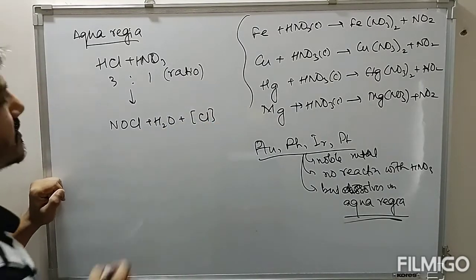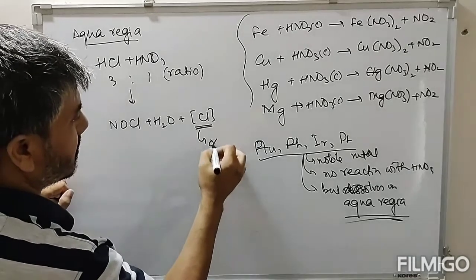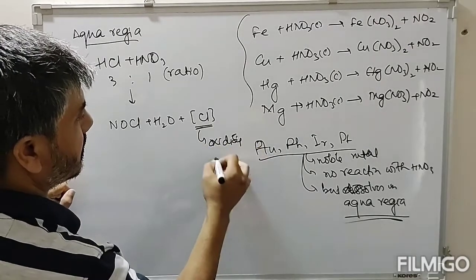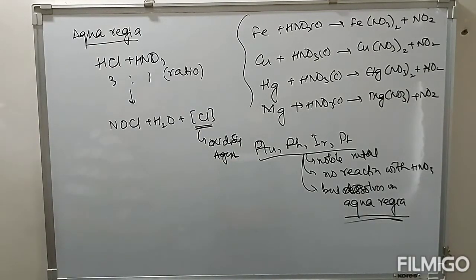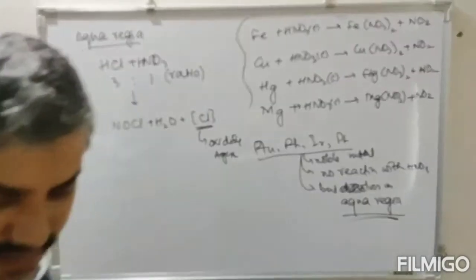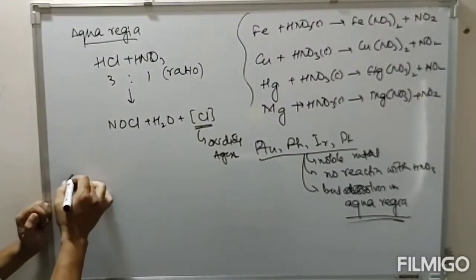This active chlorine is acting as an oxidizing agent. Due to the formation of this active chlorine, this aqua regia acts as a very strong oxidizing agent.